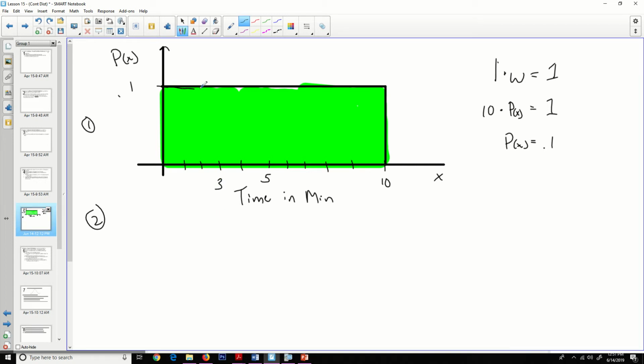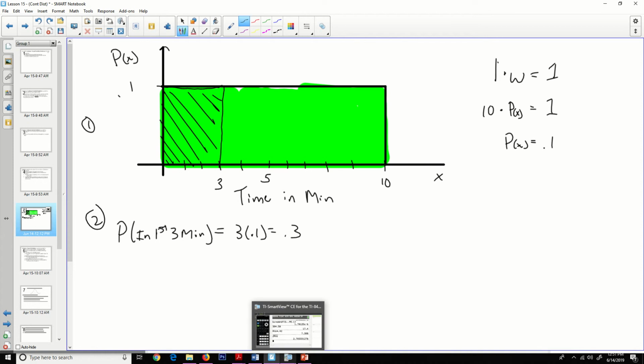So we are just talking about this portion of the graph right here. All we have to do to figure out the probability that the bus arrives in the first 3 minutes is find this area. And in this case, it's going to be 3 times 0.1, which is 0.3.